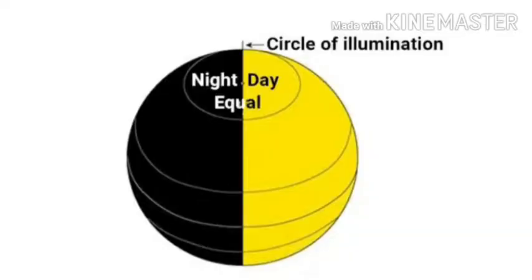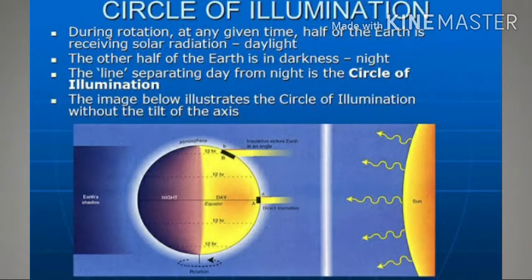Because of the rotation, some part has day and some part has night, and the line which separates day and night is called the circle of illumination. So, what is the circle of illumination? The circle of illumination is an imaginary circle or line which separates day and night.